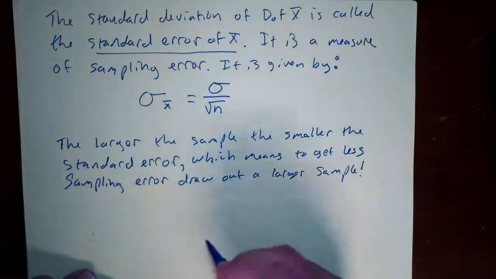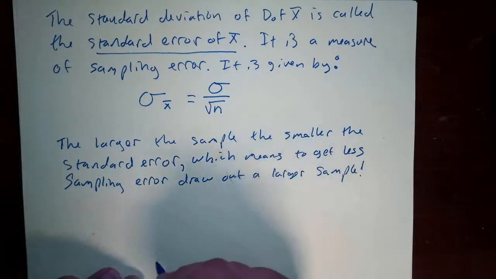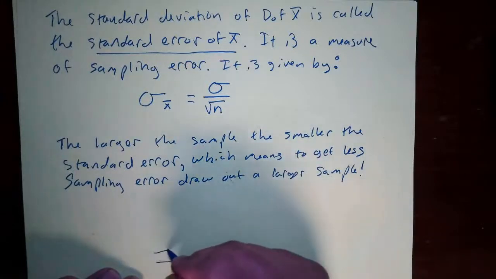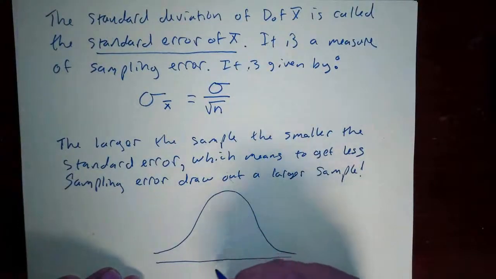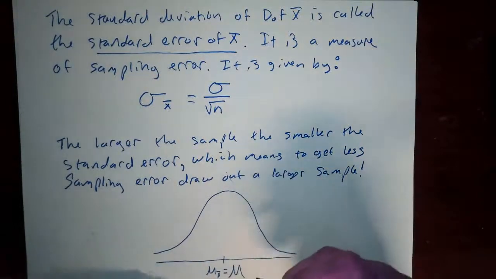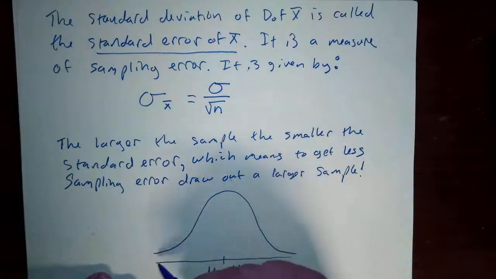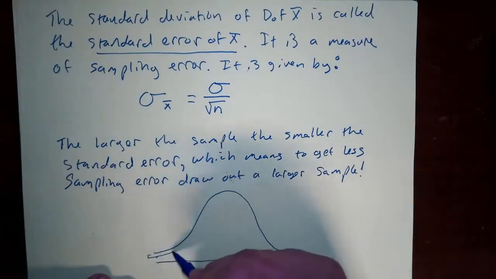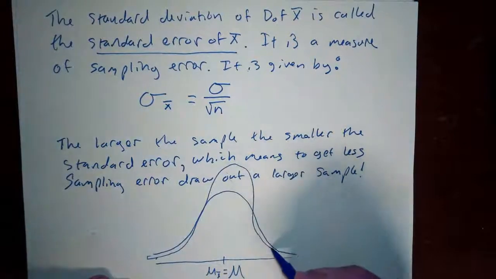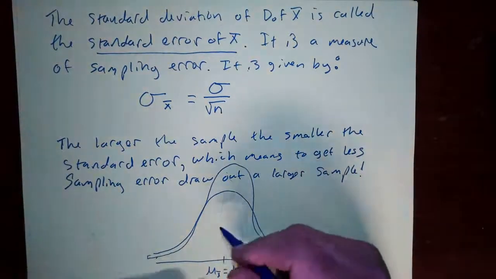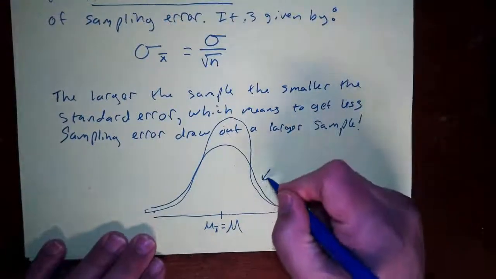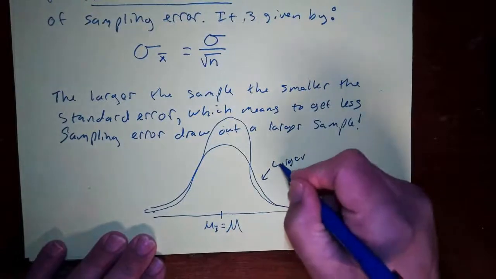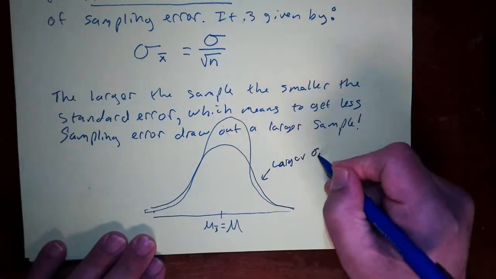Okay, and so you could kind of look at it sort of like this. Let's say you have a distribution of x bar like this, and this is the mean, equal to the mean of the population. And then let's say you have another one, maybe that's more like this. I didn't do very good here. But the idea is this one would have a larger standard error.